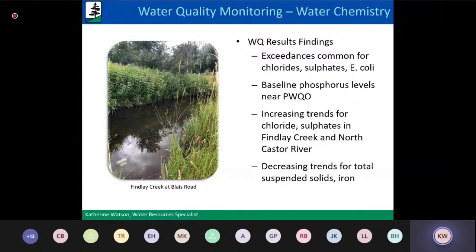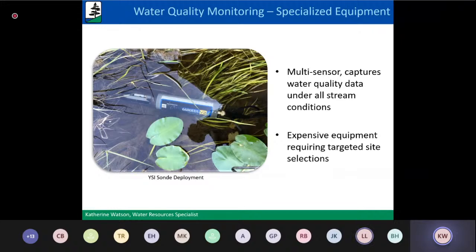Next slide. We also took some of our very specialized equipment and deployed them for long-term deployments. So in this picture is one of our sonde units. These units, I think, are worth about $15,000 because they're basically a computer that can monitor many different parameters within the water. We really like them.